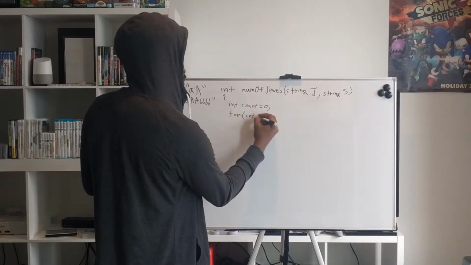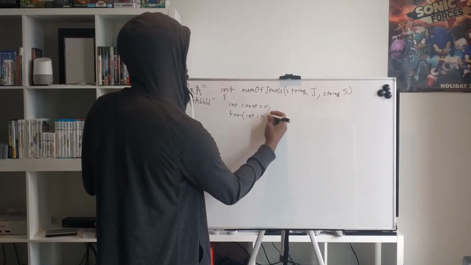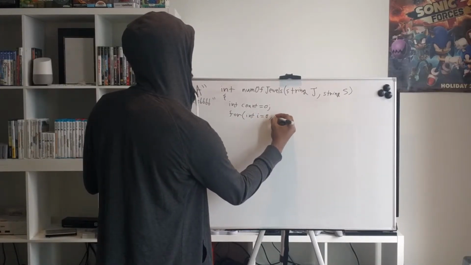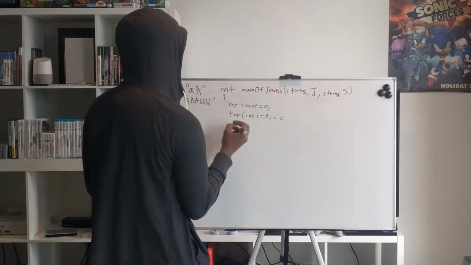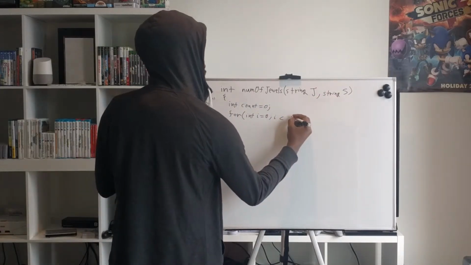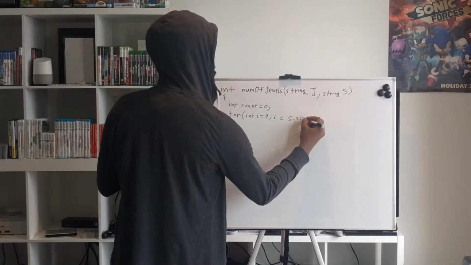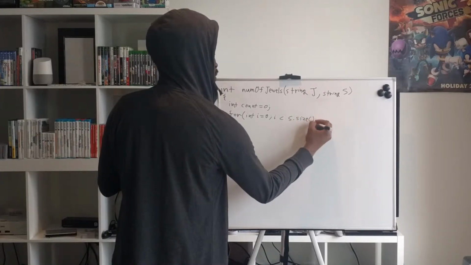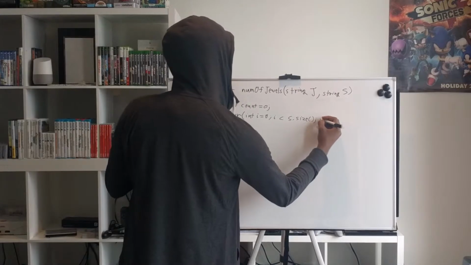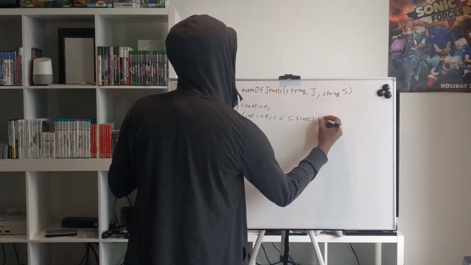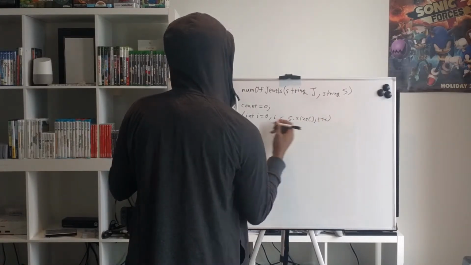So for int i equals 0, while i is less than S dot size. I believe there's also a length method on the string class in C++, but size works, so we'll just do that. Then plus plus i, that would be our update.